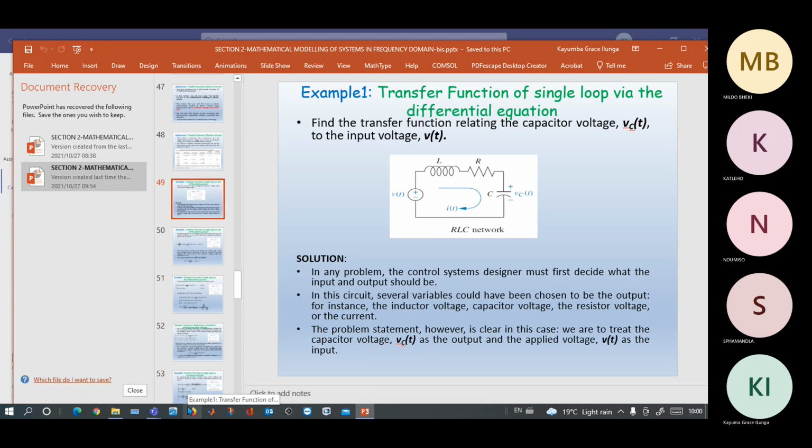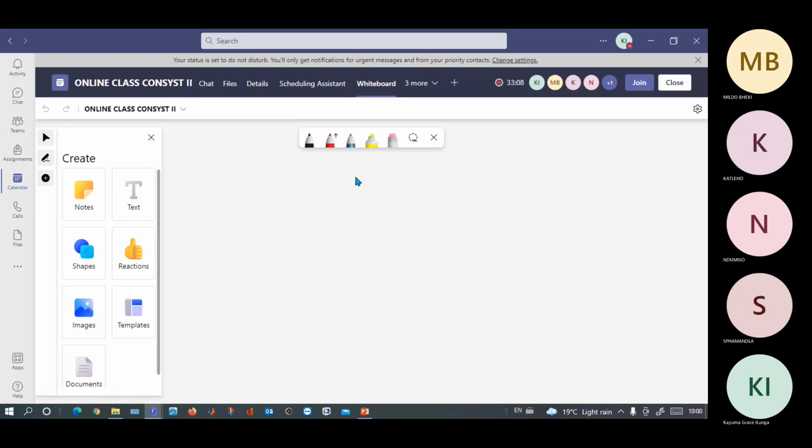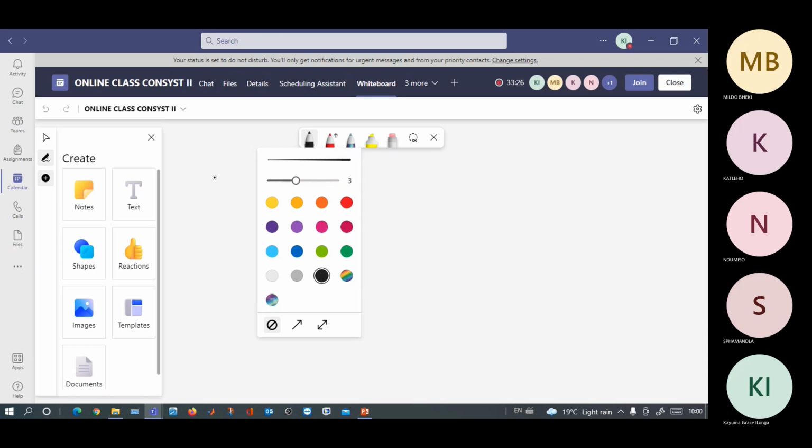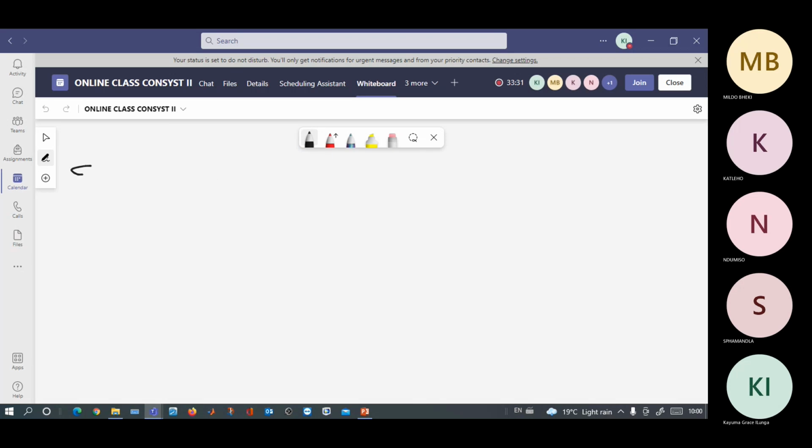So they're asking us to find the transfer function, which is going to be G(s), the transfer function.